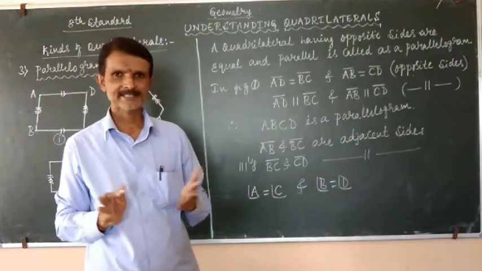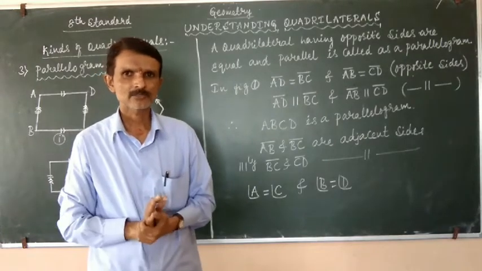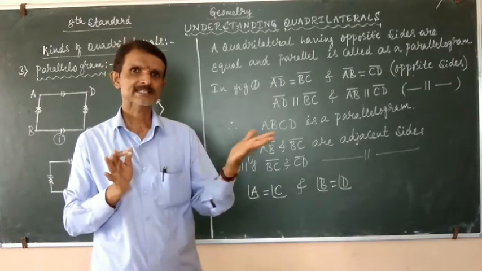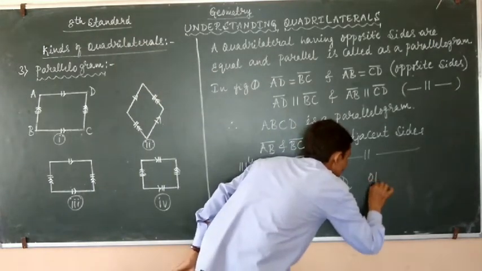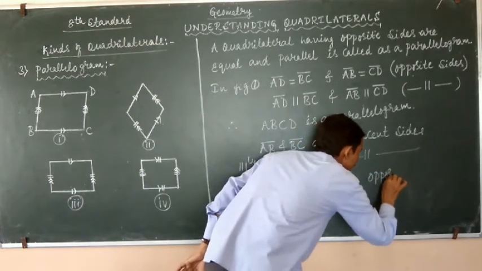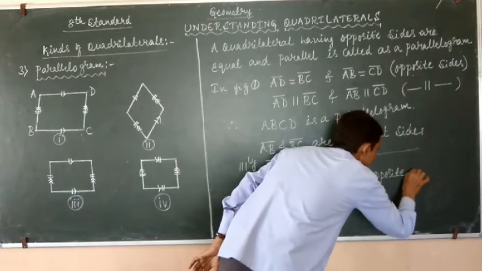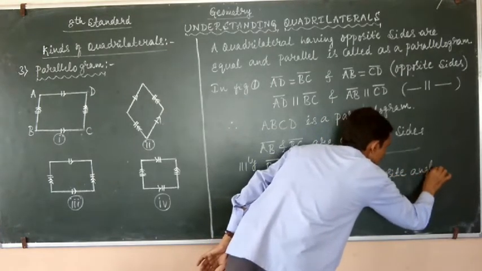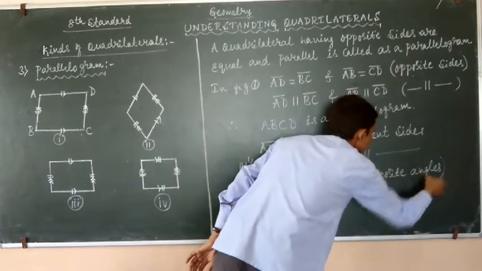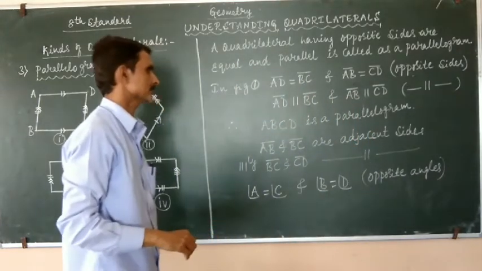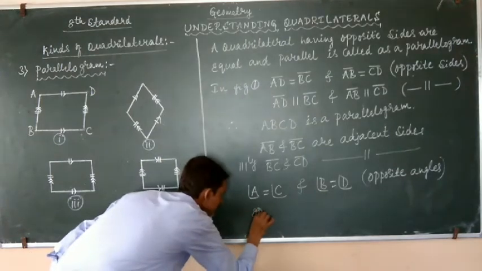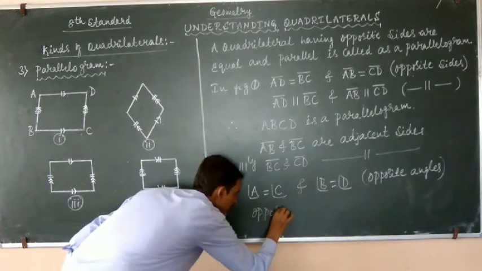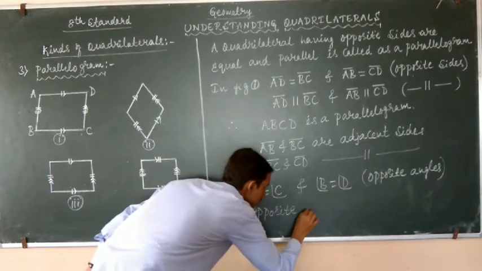Now, students, we can say that in a parallelogram, opposite angles are equal. These two are equal because they are opposite angles.